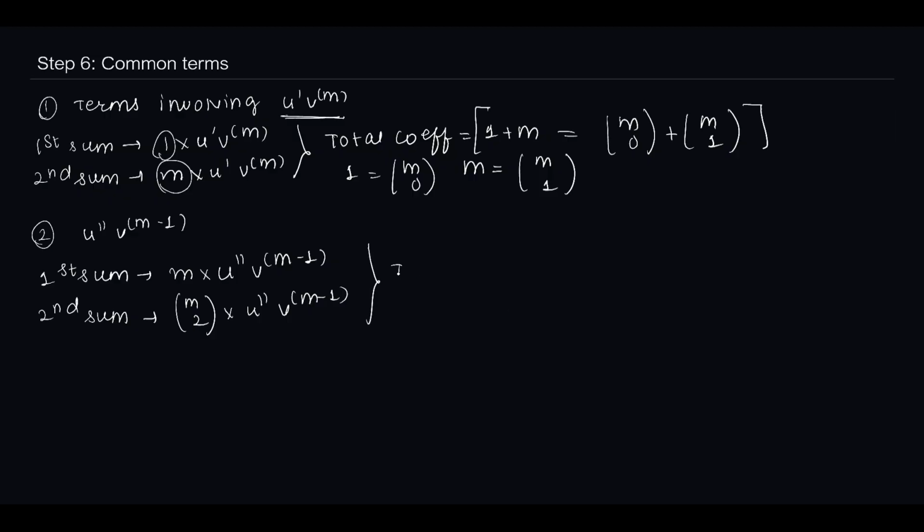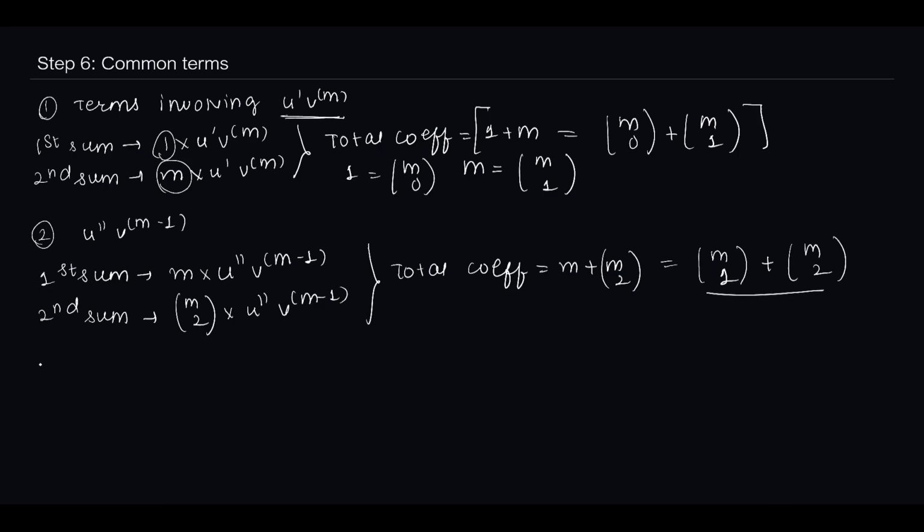So again the total coefficient is written as m plus m choose 2, and again m can be written as m choose 1. So we can write this as m choose 1 plus m choose 2. This is the total coefficient.